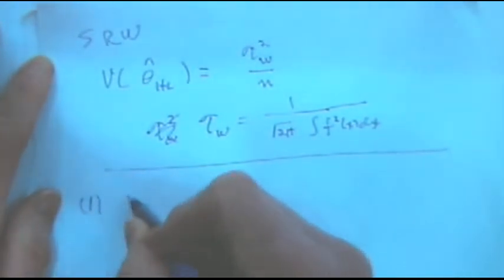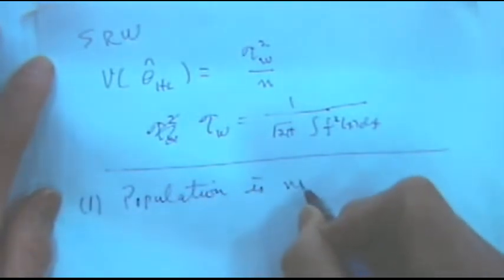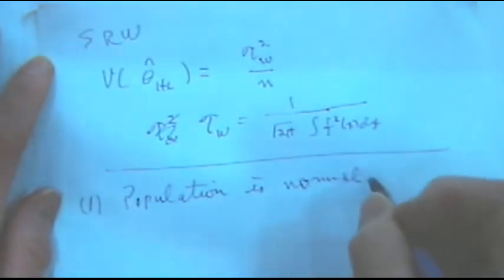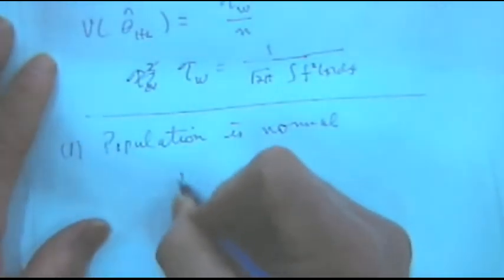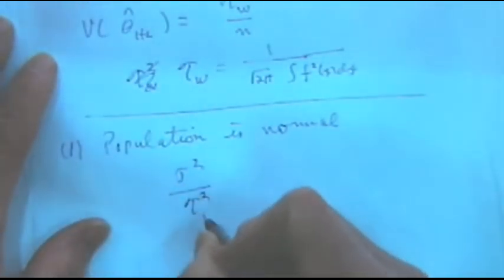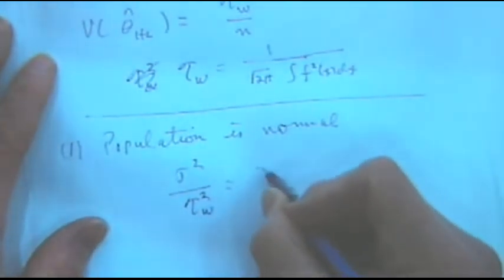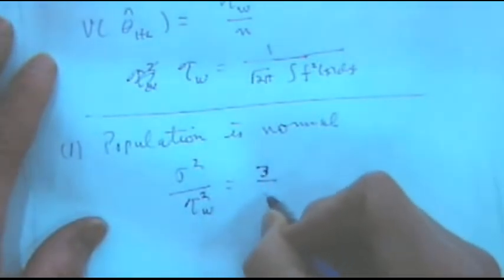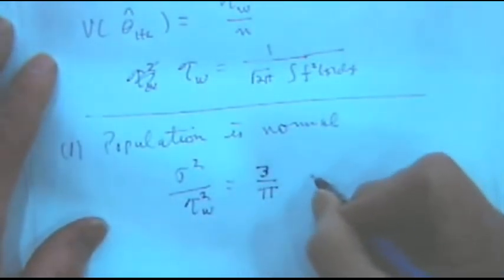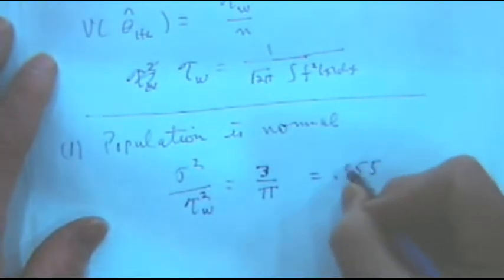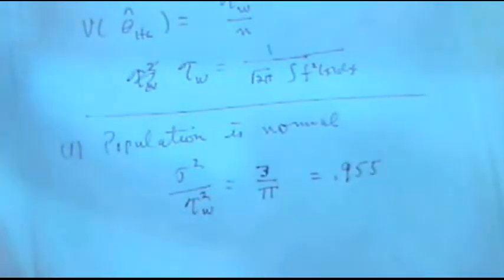And then you can show that sigma squared, this thing squared, is 3/4, which is roughly 0.95. That's why we have Wilcoxon, because sigma squared is better at the normal.